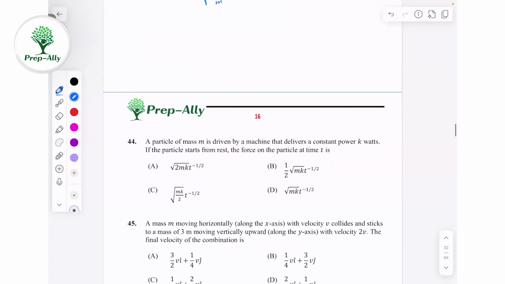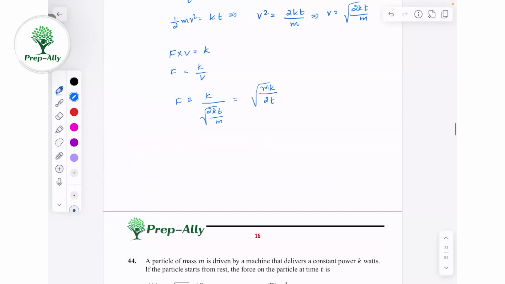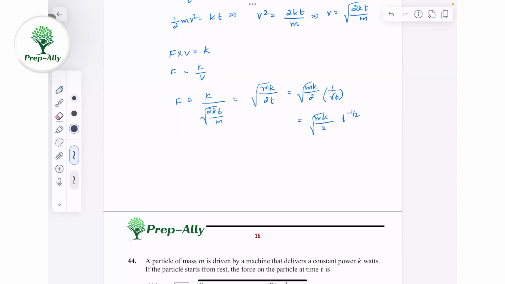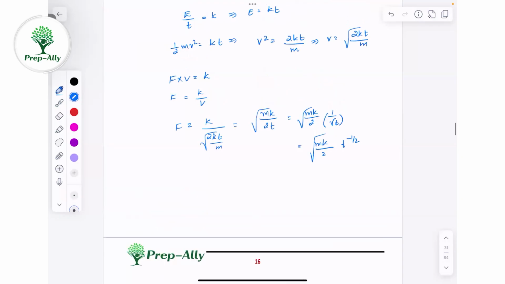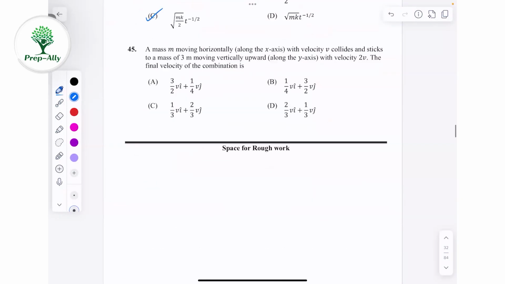So that is mk by 2 power minus 1 by 2. We can rewrite this as root of mk by 2, and this is 1 by root t. This 1 by root t can be written as t power minus 1 by 2. Just a notation. Okay.